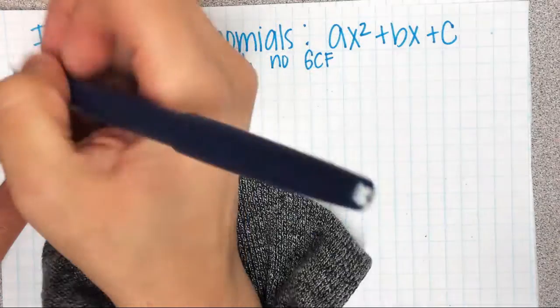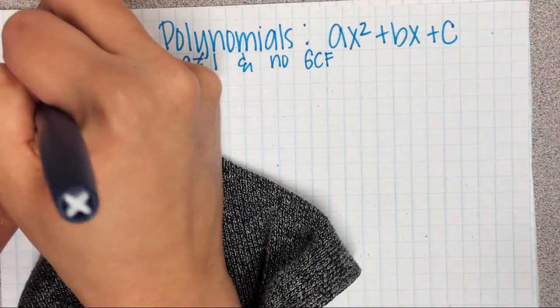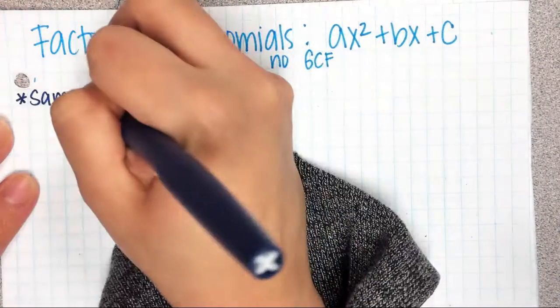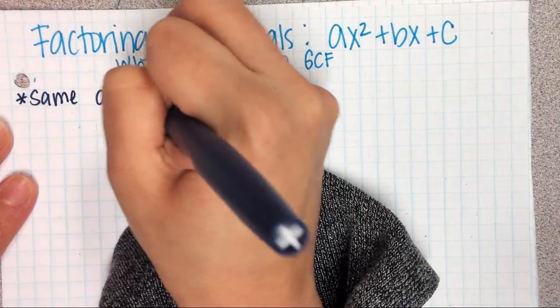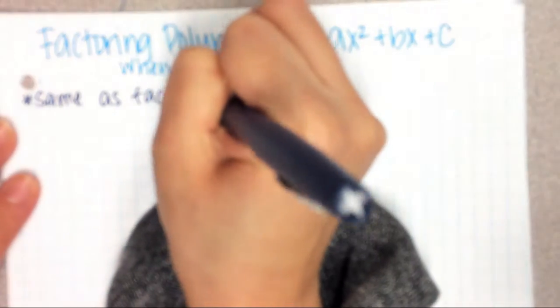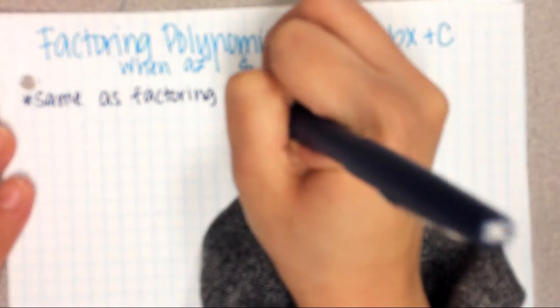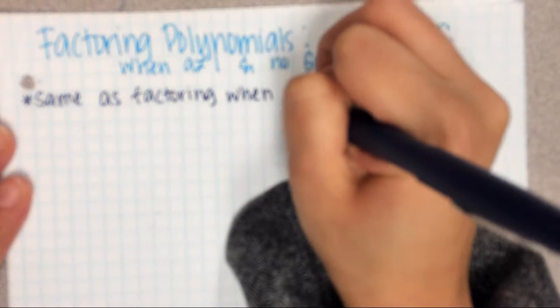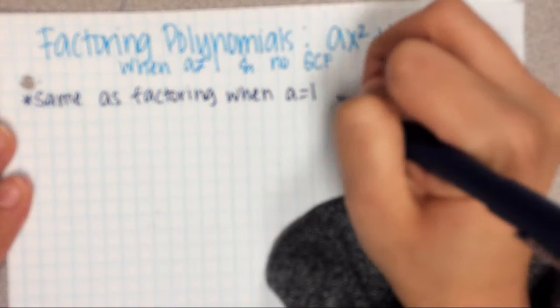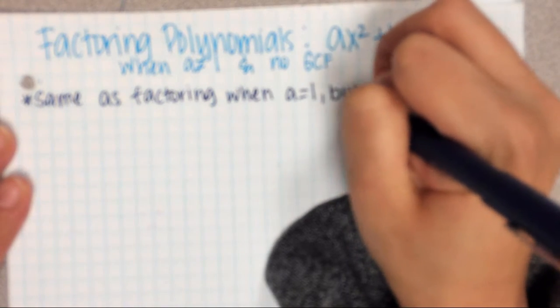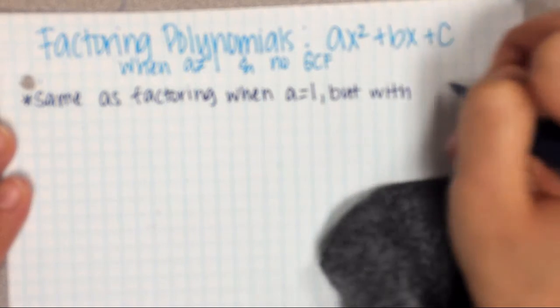You're still going to be doing the same as before. So the same steps as before, same as factoring when a equals 1, but with 2 extra steps now.